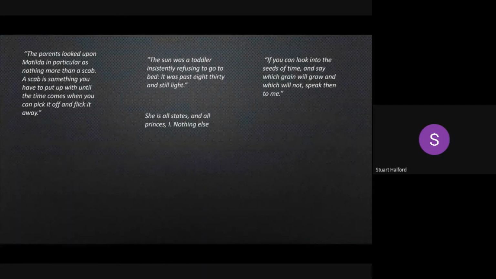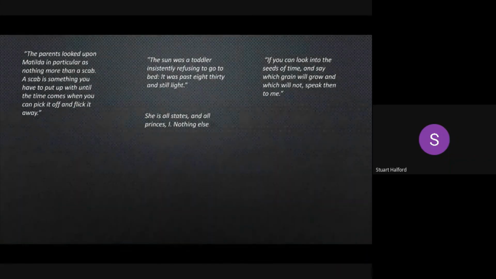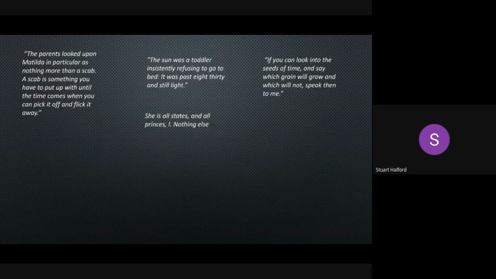I can't remember where that one's from off the top of my head. She's all states and all prince's eye. Nothing else is, it should be. That's from John Donne, metaphysical poet. And if you can look into the seas of time and say which grain will grow and which will not, speak then to me. Those of you who've studied Macbeth at GCSE or literature should be familiar with that one.